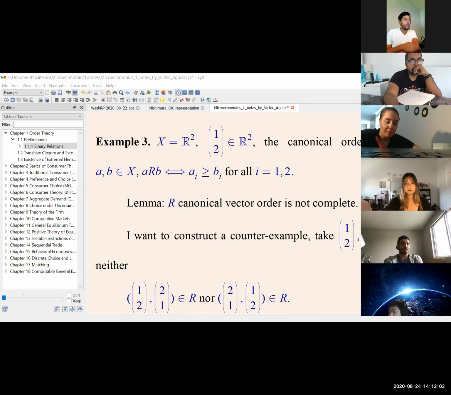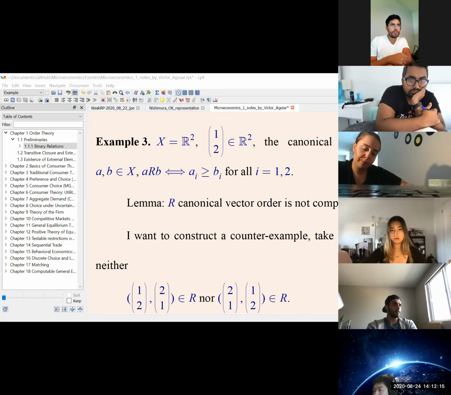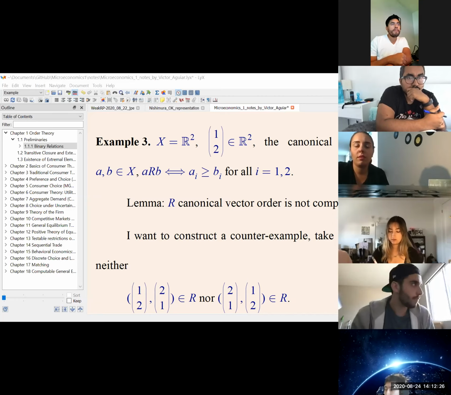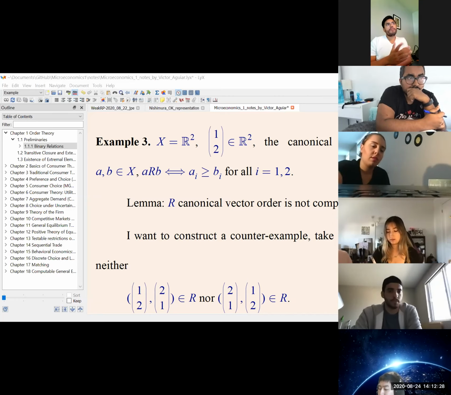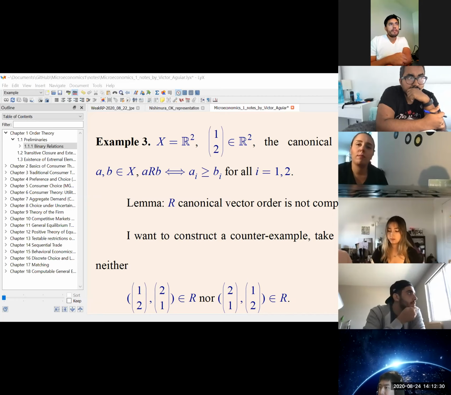Okay, so in example 3 in the notes, you have this canonical ordering of vectors, right? I said that this ranking is transitive. The definition of a transitive order is that whenever you have vector v in relation with vector w, and vector w in relation with a third vector, call it z, then this implies that the first vector, v, is in relation with the last vector, z.